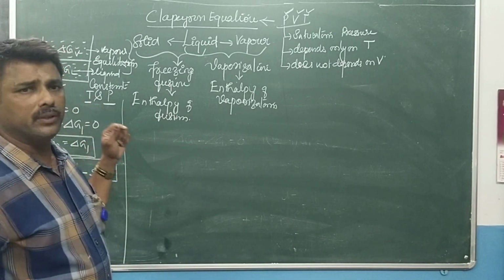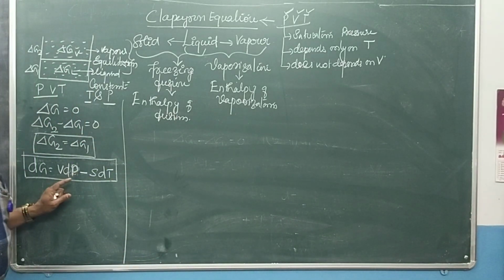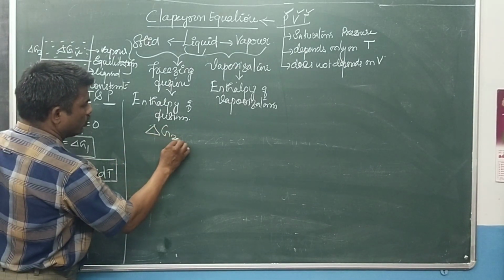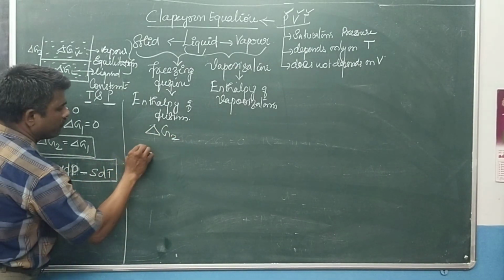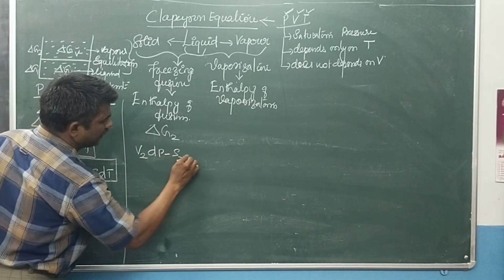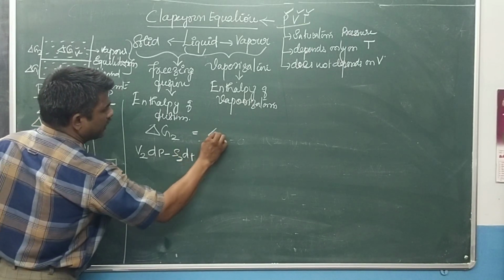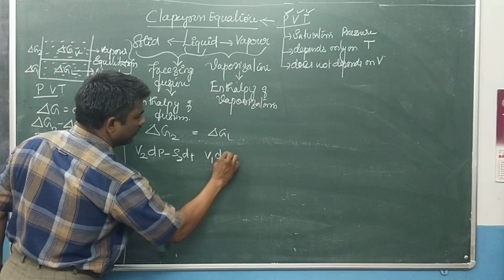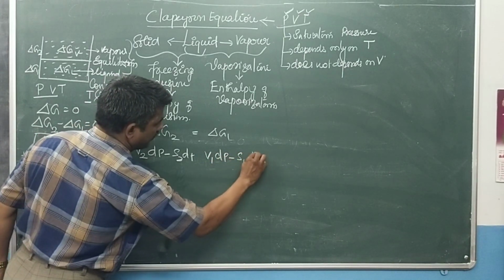Clear? Now let us start to derive the equation from the third fundamental property relation, the change in Gibbs free energy. Now I am going to write this equation in terms of dG equal to V dP minus S dT. For del G2, this equation becomes V2 dP minus S2 dT. This is equal to del G1, and the equation becomes V1 dP minus S1 dT.